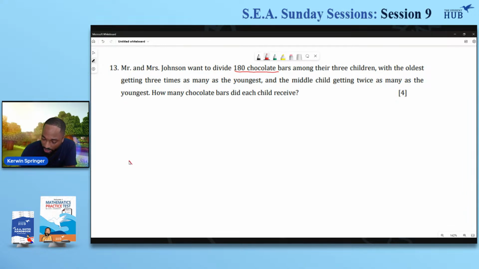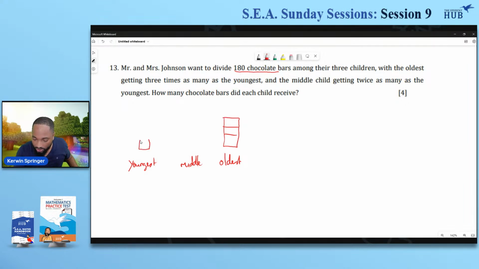So let's start with the youngest. Then I'll put the oldest here. Let's put the middle here to go in order. The oldest got 3 times as many as the youngest. I hope I'm doing this correctly. And the middle got twice as many as the youngest. Okay, they made it easy for me.